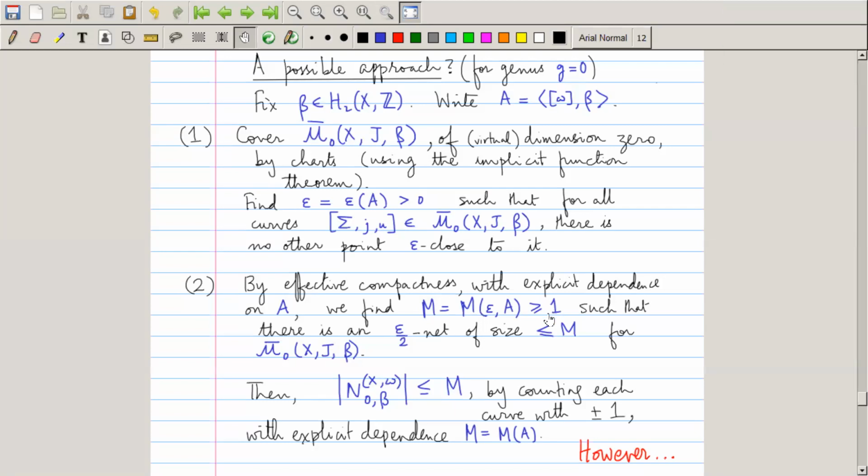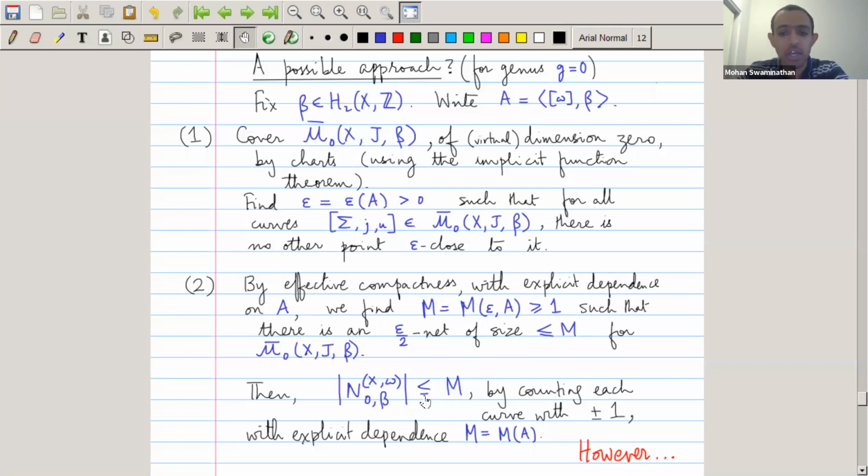So in step 1, we first try to find an epsilon so that any two curves within the moduli space are at least epsilon apart. Then in step 2, I use the fact that I have an estimate on the size of nets in the moduli space to estimate the size of an epsilon over 2 net. Then this is a bound for the number of curves there are, because I know that any two curves are at least epsilon apart.